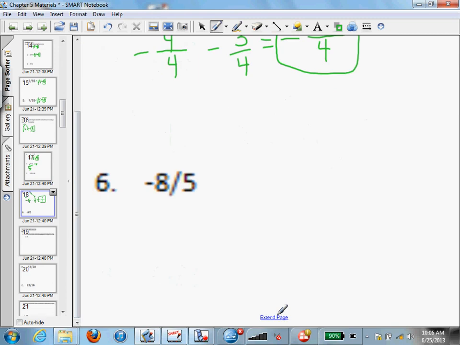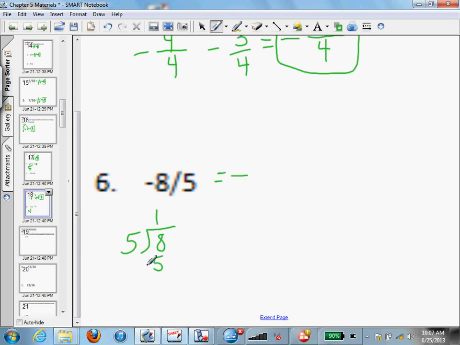With number 6, let's do this in a similar way as we did before. Let's leave our negative out of the answer for now because we know it's going to be a negative anyways. Now we just take that denominator and divide it into the numerator. We say how many times will 5 go into 8?